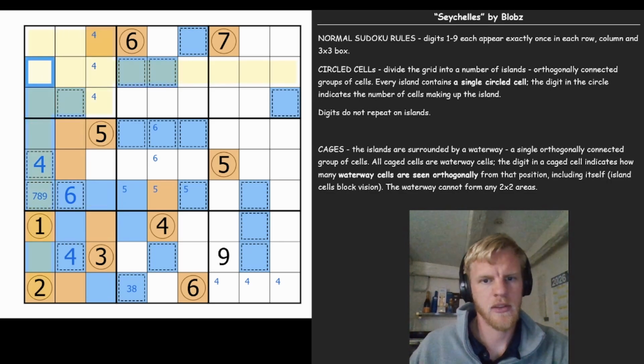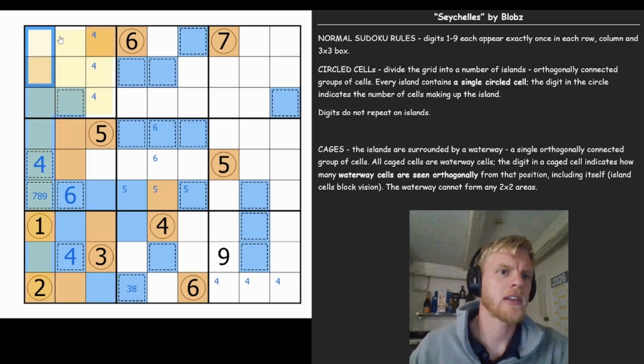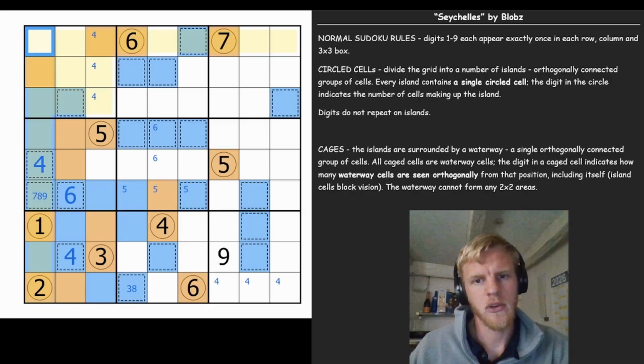And we know that this is an island. And this island needs to connect to this island. And this cannot be water because then the water would not, like if we do this cell of water, can't connect to the other waterway.